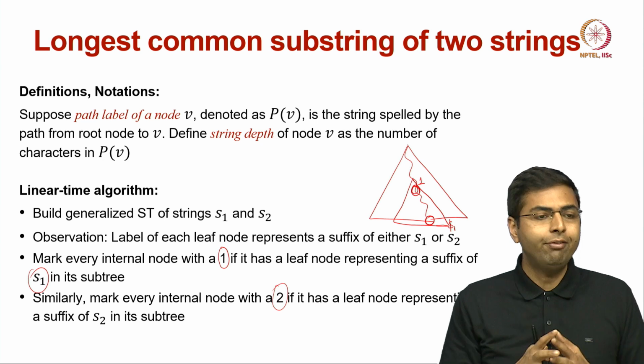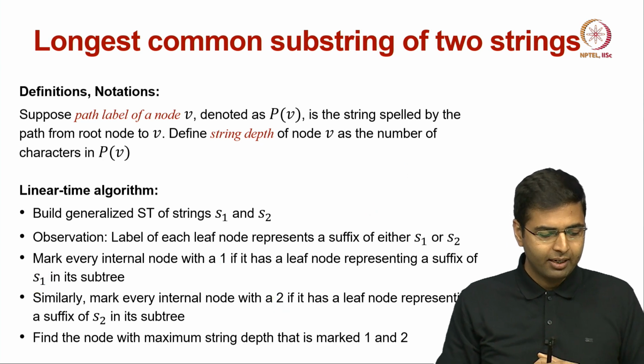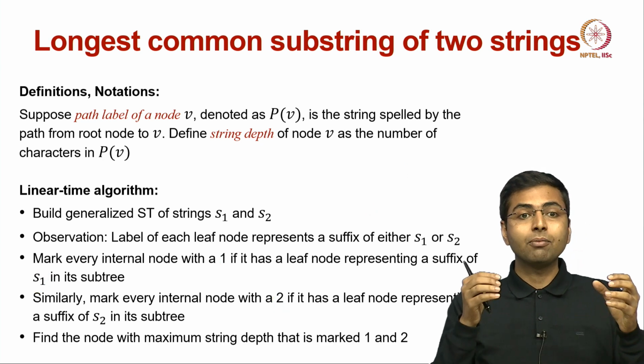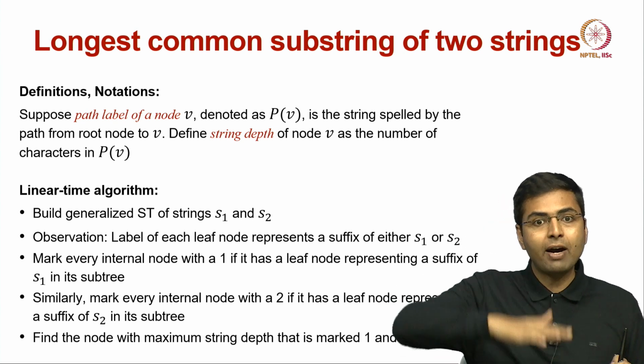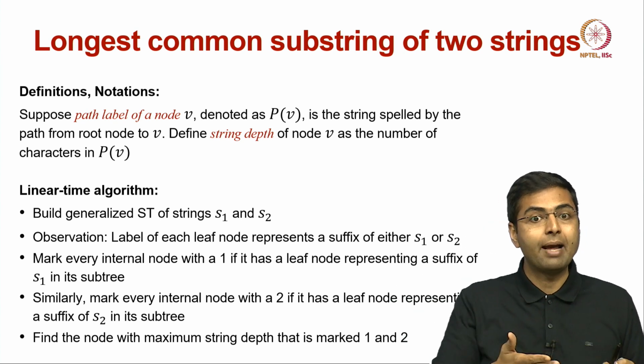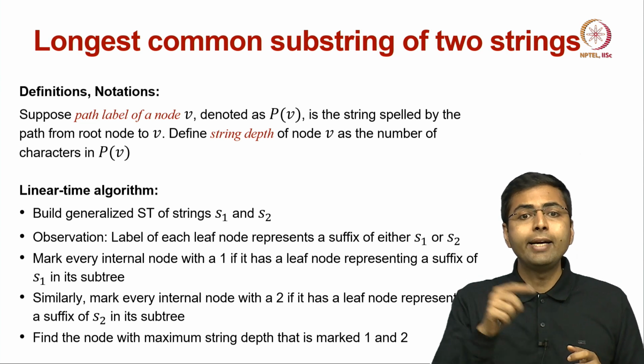Now, all that is left is the last step: we have to find the node with the maximum string depth in the tree. We have to go as far down as possible in terms of string depth, to a node that is marked both 1 and 2.